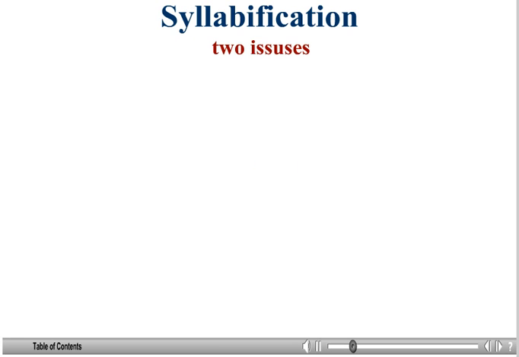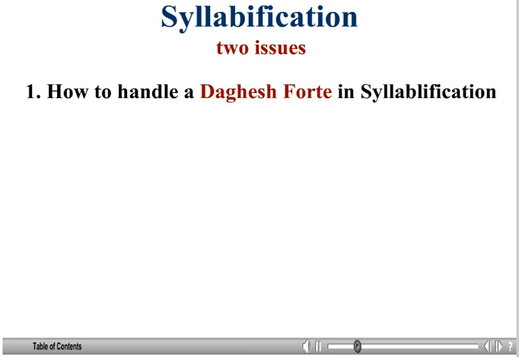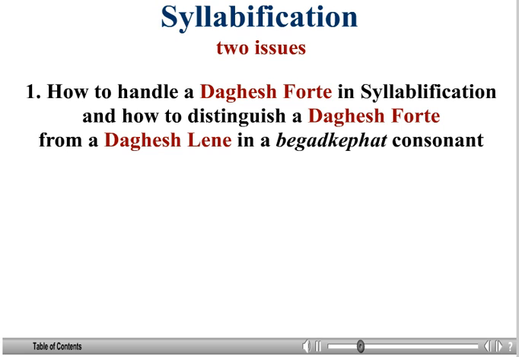But there are still two issues that must be studied before you are equipped to syllabify almost every word in the Hebrew language. First, we must study Dagesh Forte and syllabification, and also how to tell the difference between Dagesh Forte and Dagesh Lene in a Begad Kafat consonant.